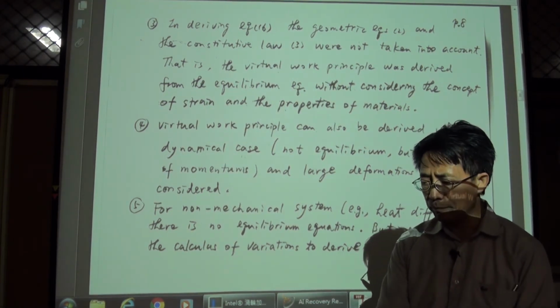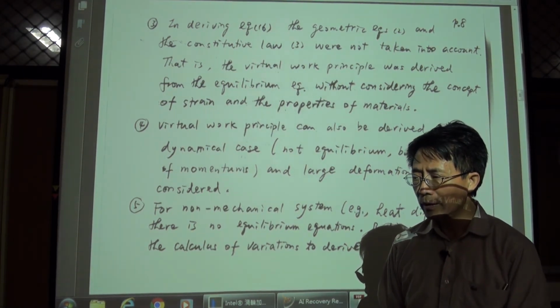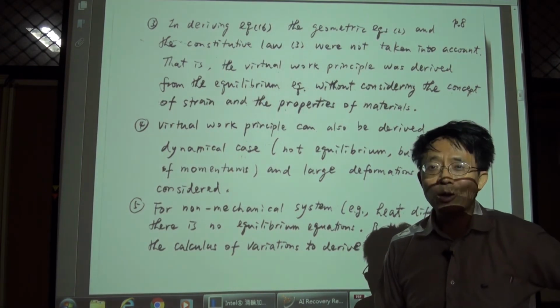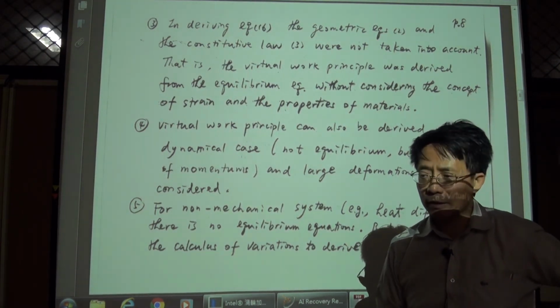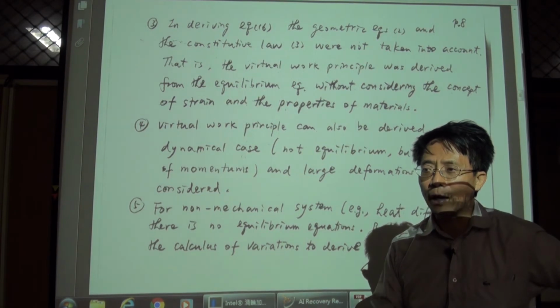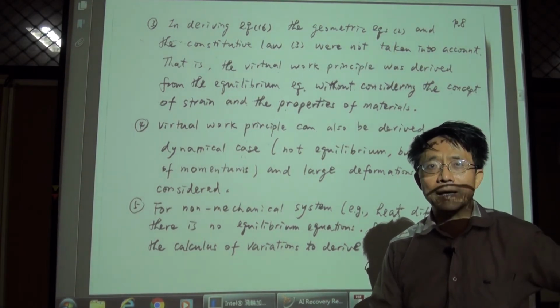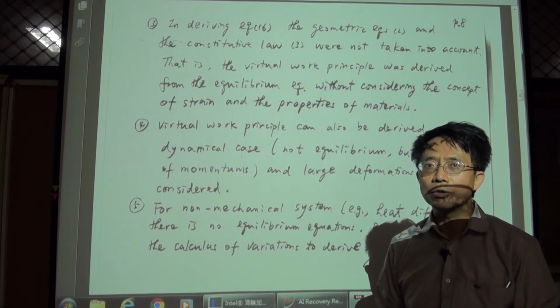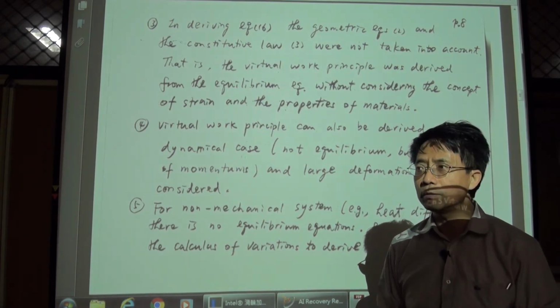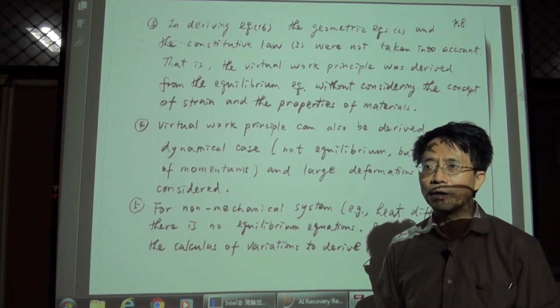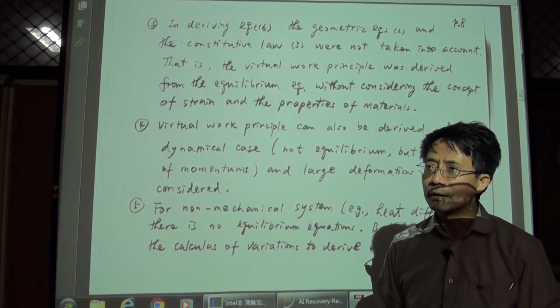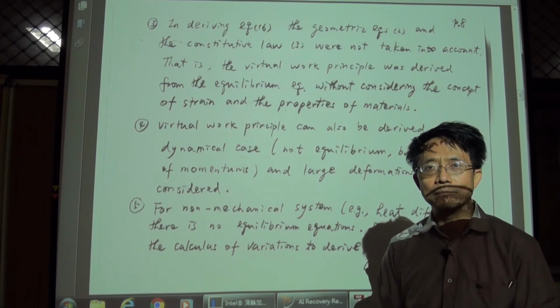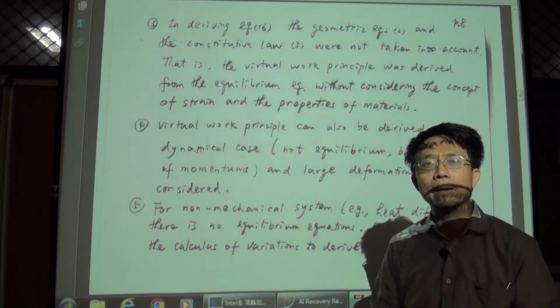See, in physics, we don't have only the subject of mechanics. We have the electromagnetic field. We also have heat diffusion. We also have the interaction between atoms, like quantum mechanics.